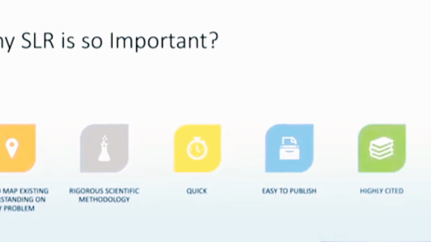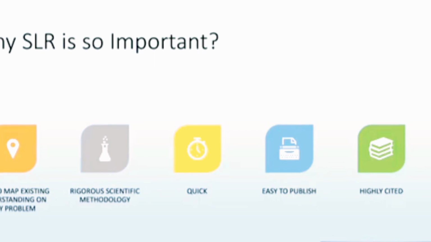And finally, the most cited papers nowadays are systematic literature reviews. So if you follow the correct methodology and all the steps available for systematic literature review, you can get your work published easily. At the same time, you can have a highly cited publication. That means any work in the particular area would cite your work because you have included all the relevant studies in your research.